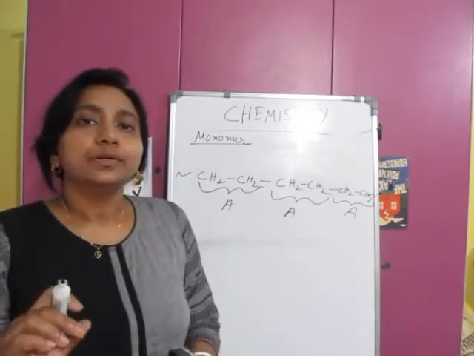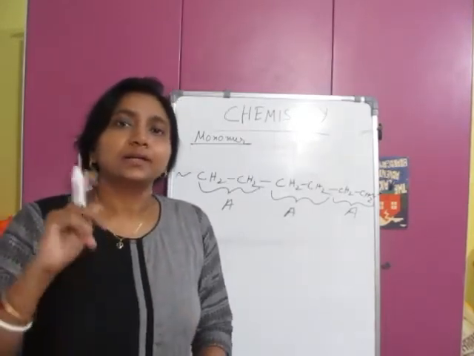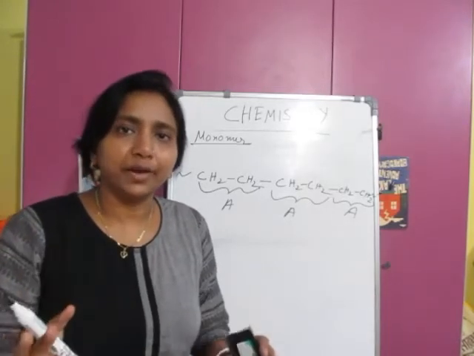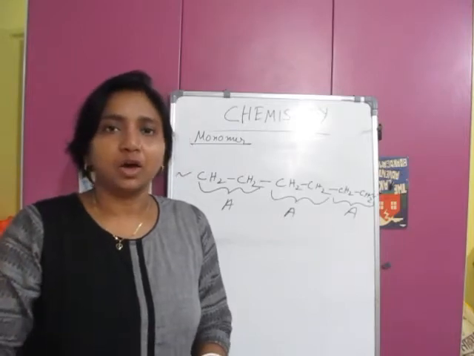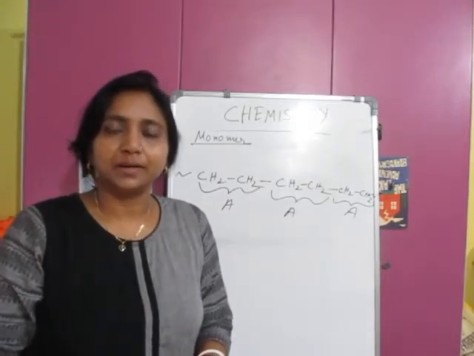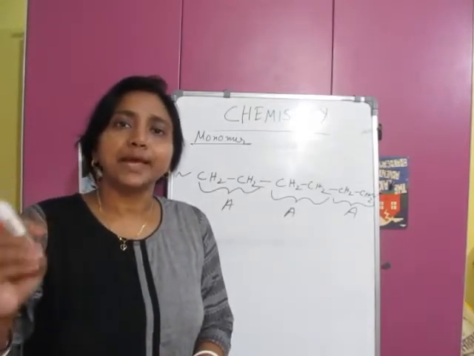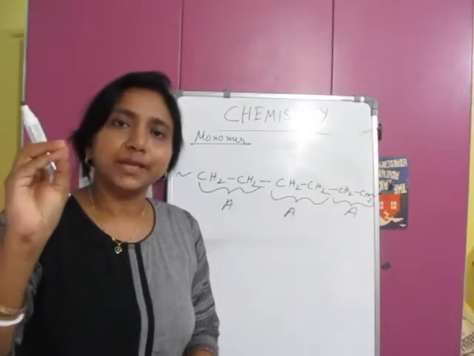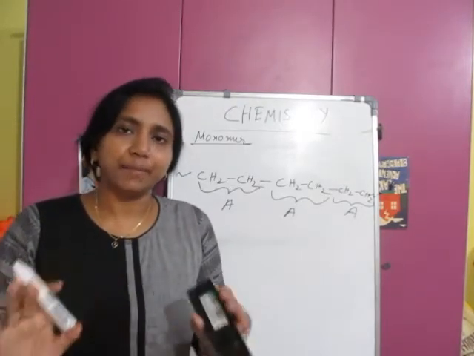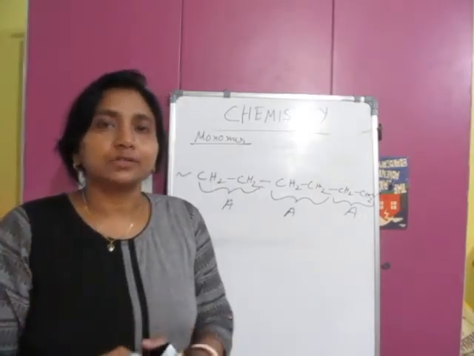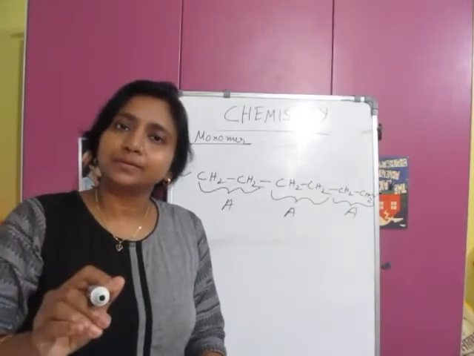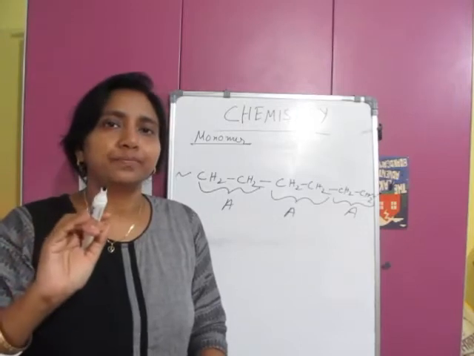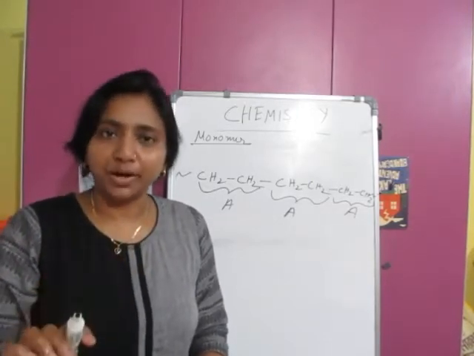Okay, now the question is chlorophyll. Chlorophyll you know very well, that is the green part that remains in the leaves of the plants. So this material, I am telling about the material, is also a macromolecule. But is it a polymer? Yes or no? No, it is not a polymer.